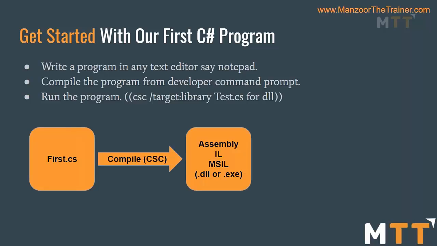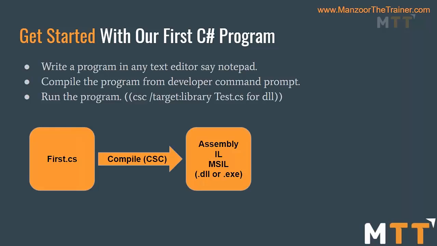Physically it exists in the form of a DLL or exe. We will see what is the meaning of DLL and what is exe. But we need to compile the program first, then we get the output, which we call assembly or intermediate language or Microsoft intermediate language or DLL or exe. These are all various names that we give to the output that we get.